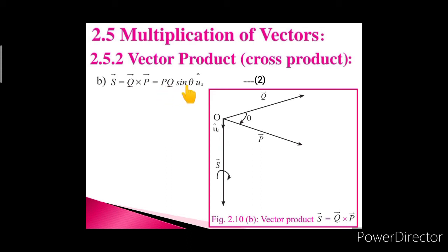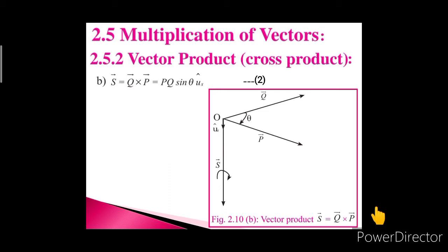So, PQ sin theta gives the magnitude of the resultant, that is vector S, and US cap is a unit vector that is perpendicular to the plane containing these two vectors, and hence it gives the direction of the vector S. So, over here we have seen more about the result that we obtain by multiplying two vector quantities, and the result is a vector quantity only.